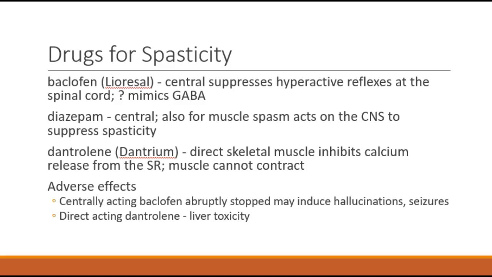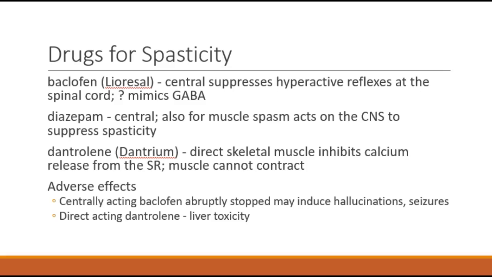That is the big adverse effect with this, because they're going to be weaker, and you're going to have to assess this for people with dantrolene. They're going to need to be checked to see how they can function if their muscles are so weak from the drug. It's a safety issue. It doesn't cause drowsiness, but it causes weakness.